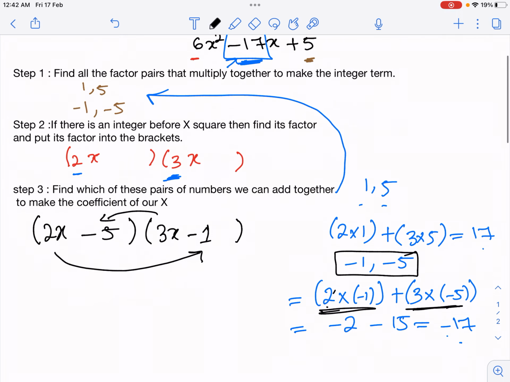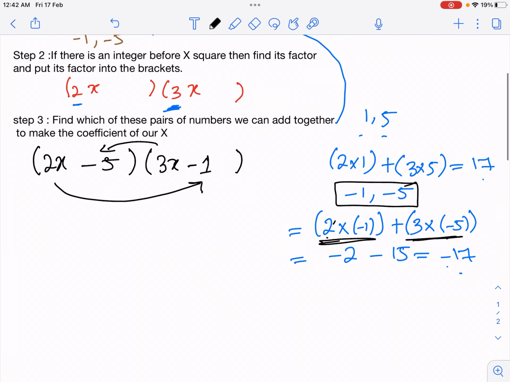Just to confirm our answer, we need to make sure that we are correct. 2x multiplied by 3x is 6x squared. Then 2x multiplied by negative 5 is minus 10x. Then negative 1 multiplied by 3x is minus 3x.